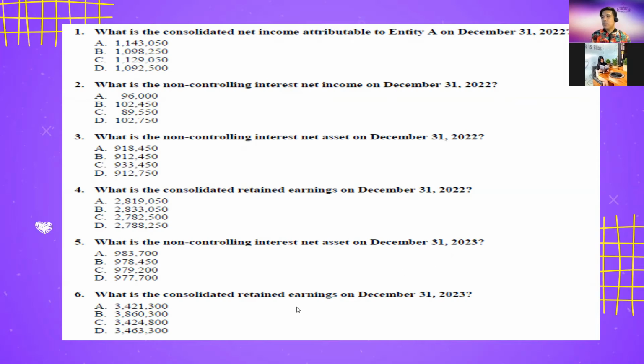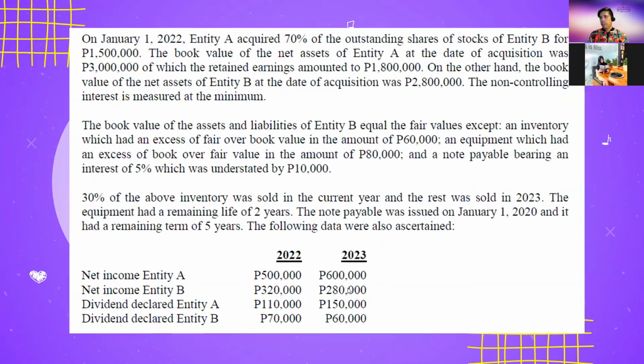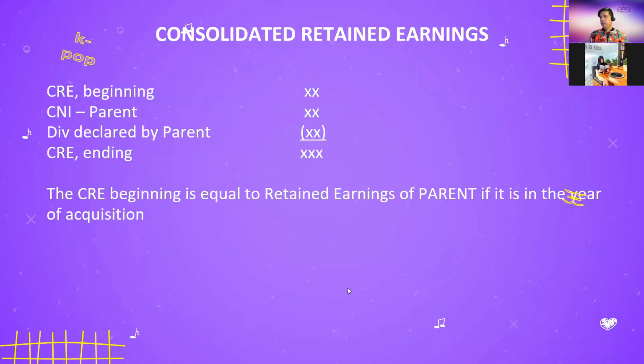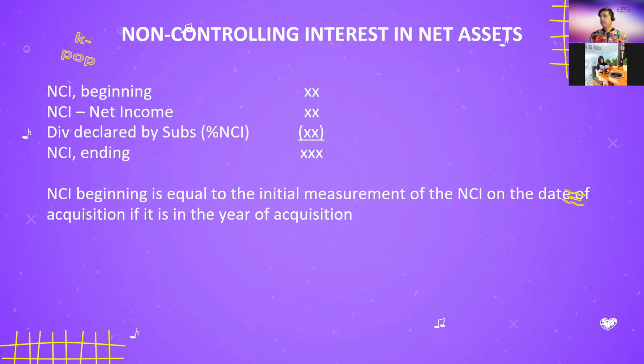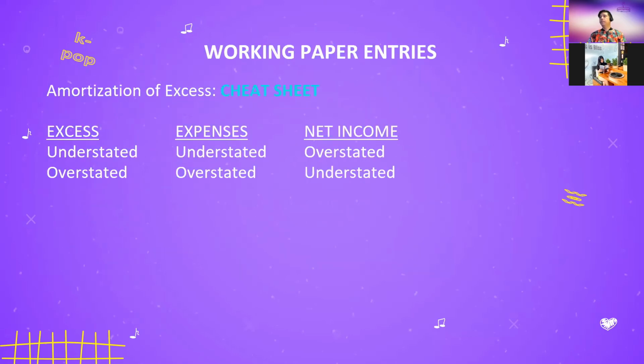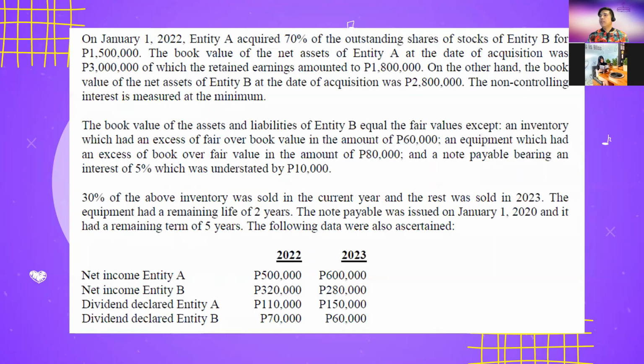And then finally, consolidated retained earnings on December 31, 2023. So, parang meron akong nakalimutan. Okay, ito na. Sige. So let me read the problem.